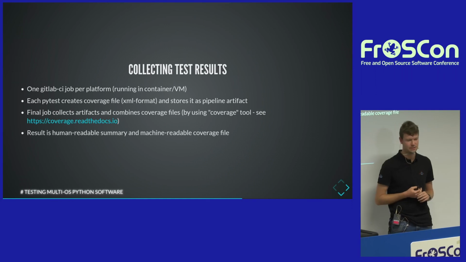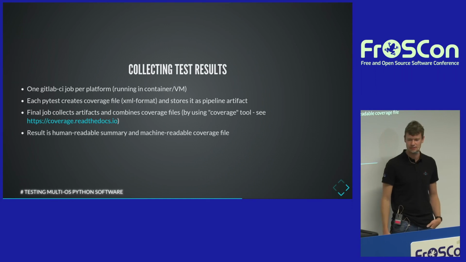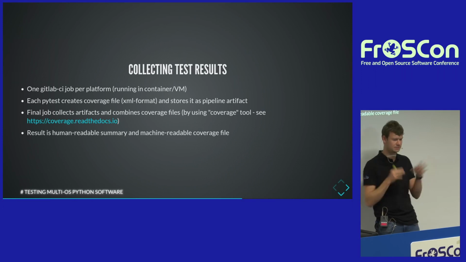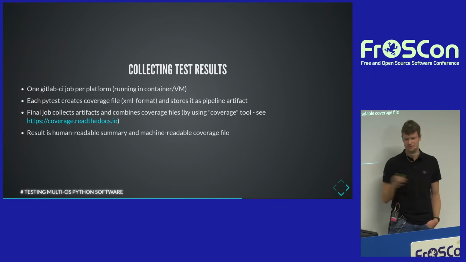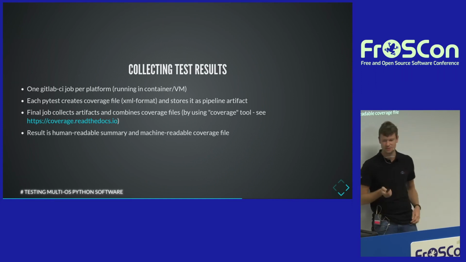So in gitlab-ci, you can have artifacts which are files that can be used by other jobs. So you can ship your result to the next job, and the next job collects all of these and combines the results. So you have single coverages from all the target platforms, and the final job of the pipeline can combine them into one coverage thing and also print a human-readable summary.